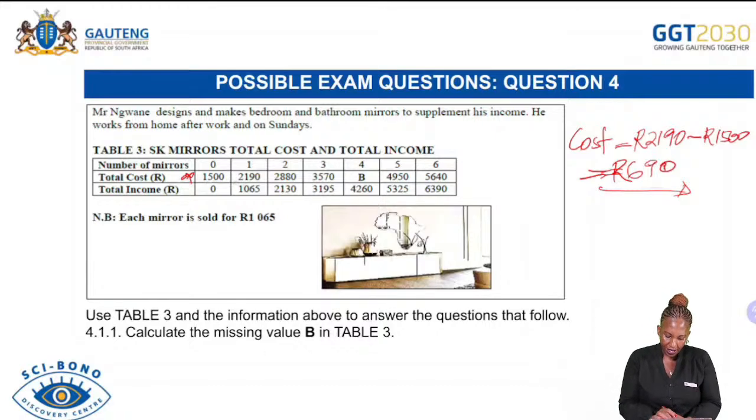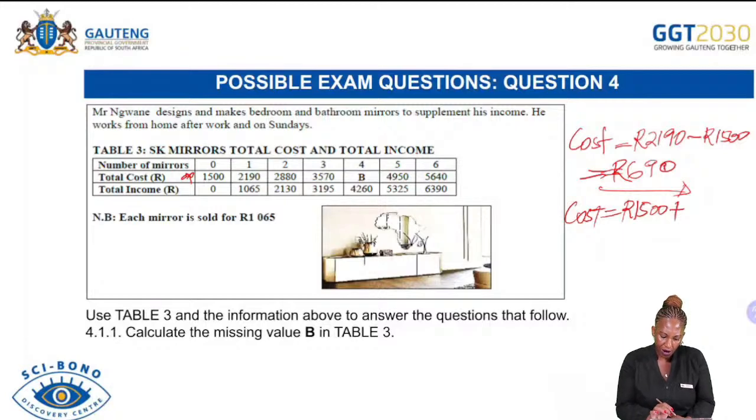Now the cost here for B, we said the cost for one mirror is 690, and then the income is 4,000. So now we want to know the cost for the mirror. It will be 1,500 rand. We are calculating B now, boys and girls, plus how many now?